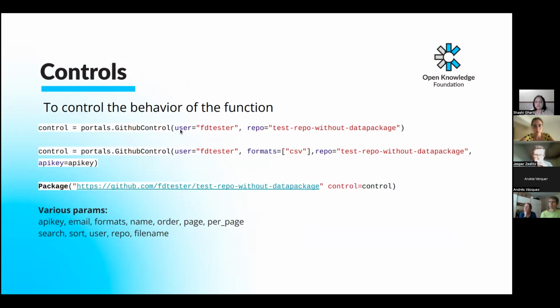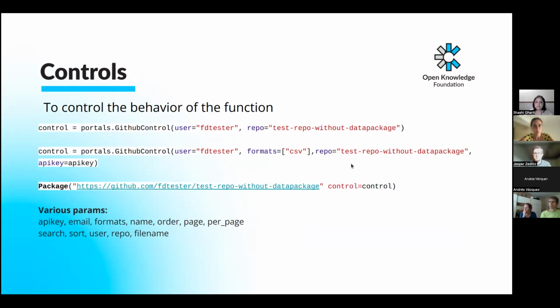And those are the three functions that we have added, which is read, write, and creating catalog. And we can tweak the behavior of those three functions using controls, and they are the parameters that we can pass to the functions and then change the behavior of the function.